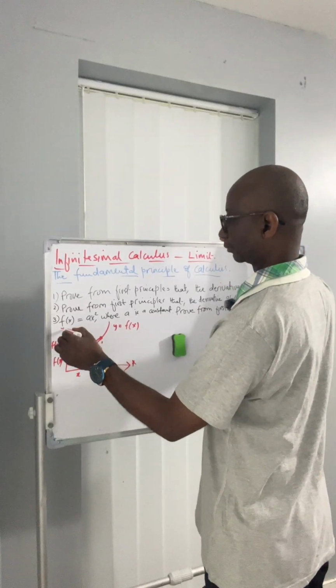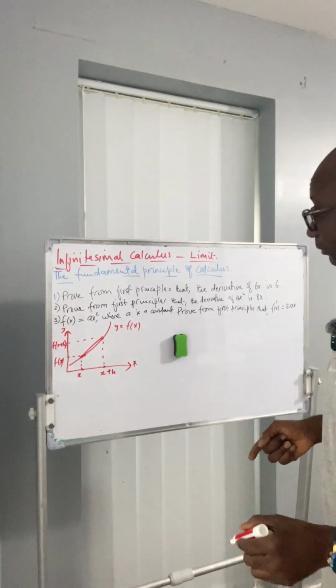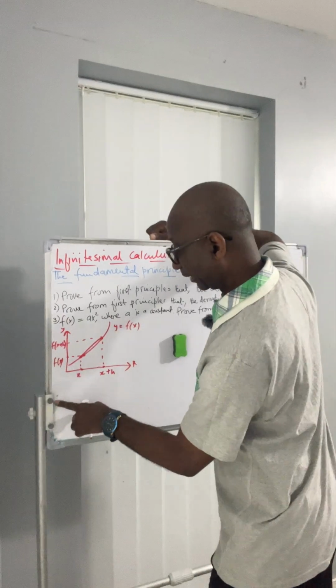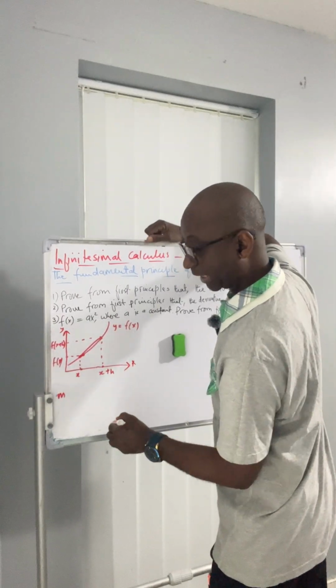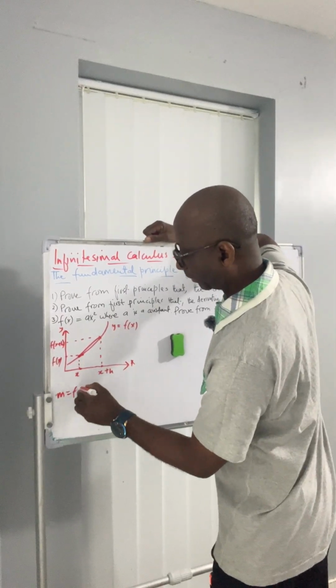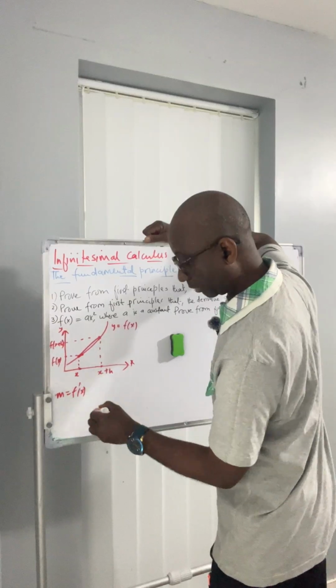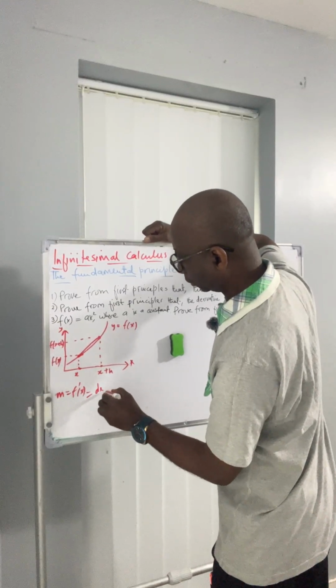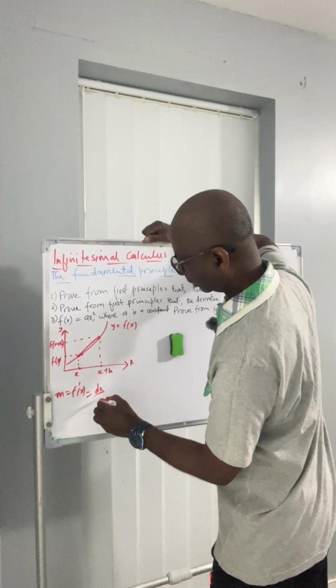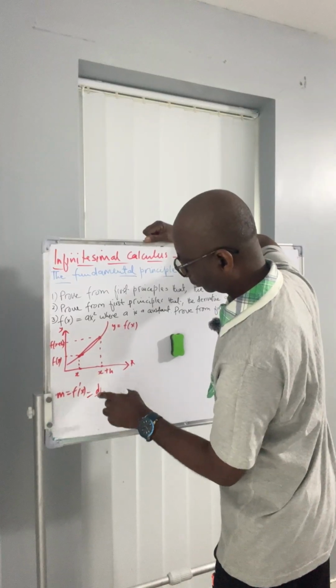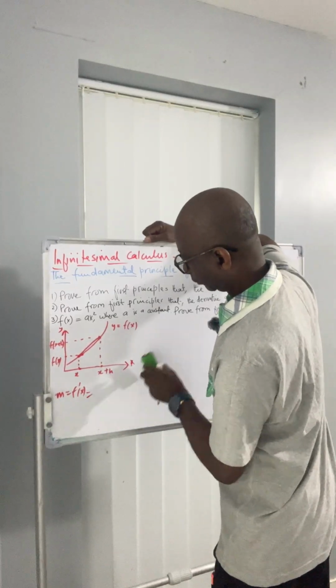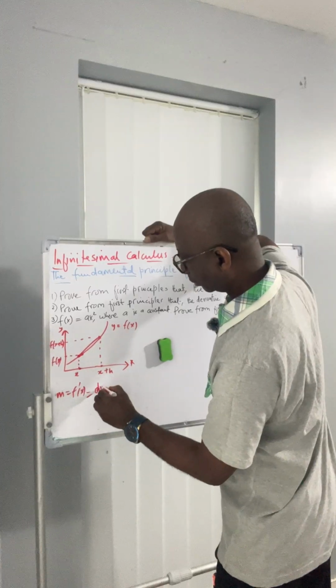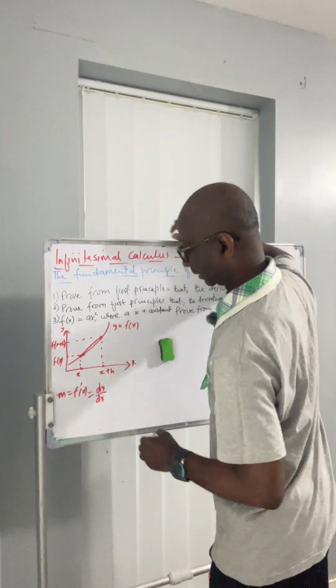So from first principle, to find the gradient, which we can also call m, is the same as f prime of x for now. Later on, you'll also come to realize that the gradient is also written as dy/dx.